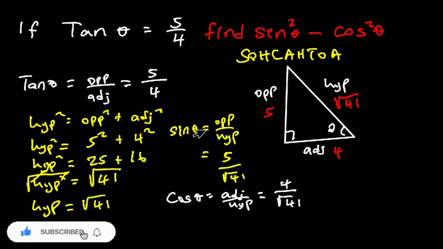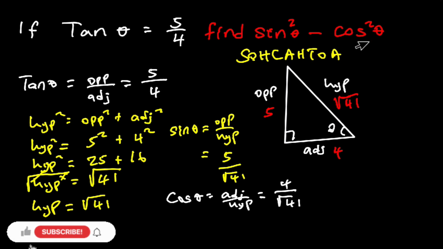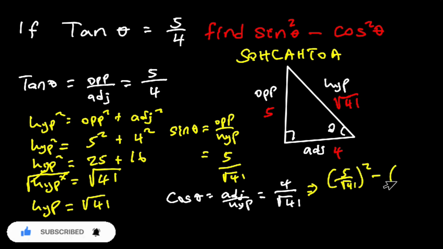Now that we have gotten the value of sin theta and cos theta, let's plug in their values into this expression, sin squared theta minus cos squared theta. Now for sin squared theta, we're going to have 5 over root 41 squared, then minus cos squared theta, we're going to have 4 over root 41 squared.